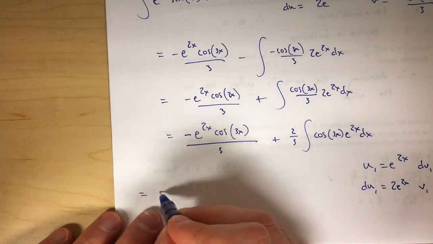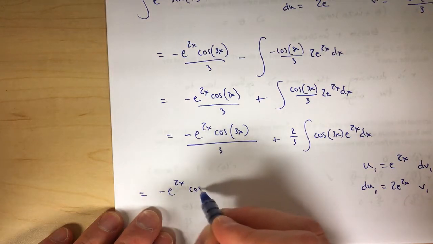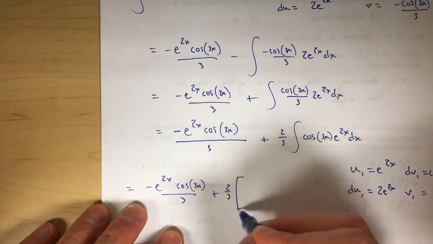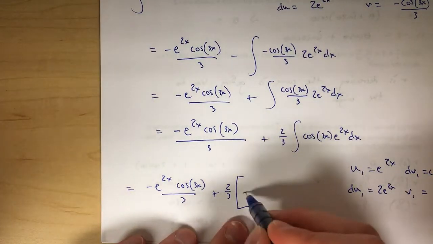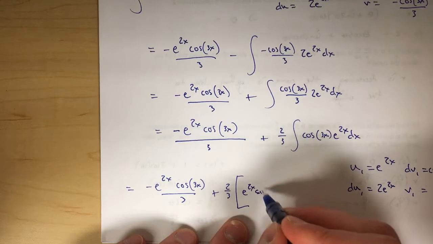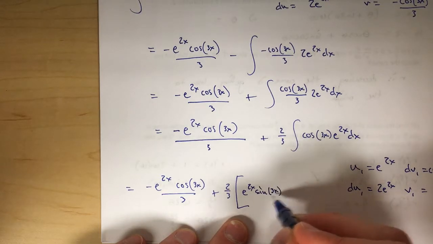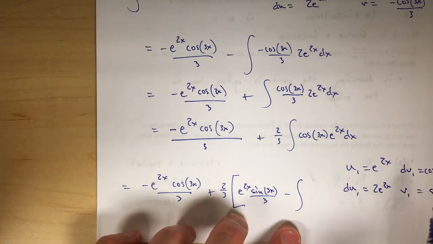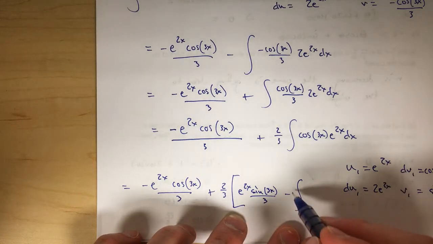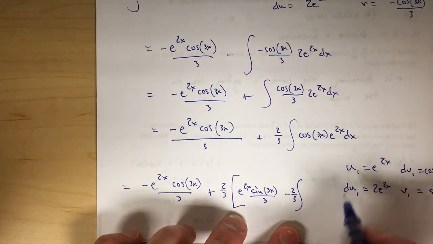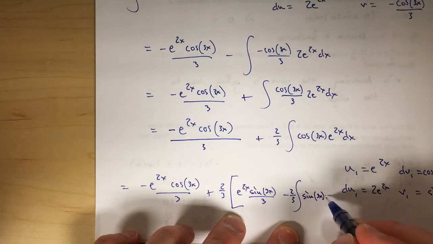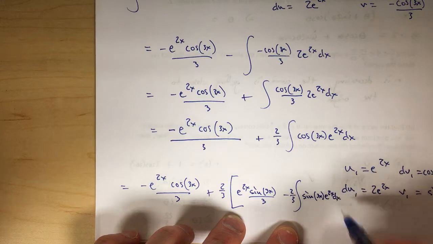And this would become negative e to the 2x cosine of 3x over 3 plus 2/3 times this, which is uv minus the antiderivative of v du, which is going to be 2/3 times sine of 3x e to the 2x dx.